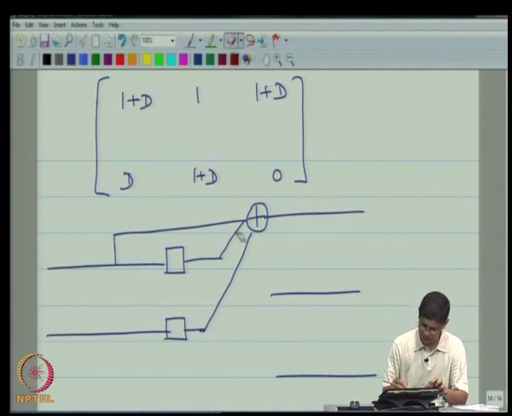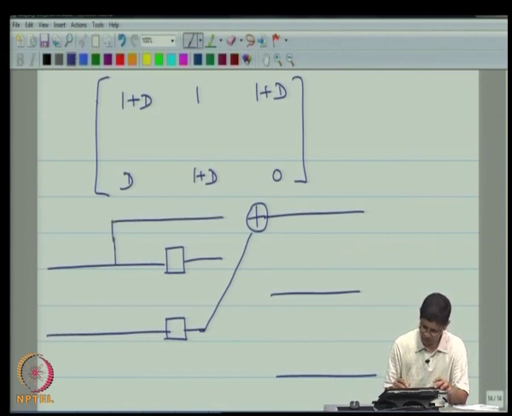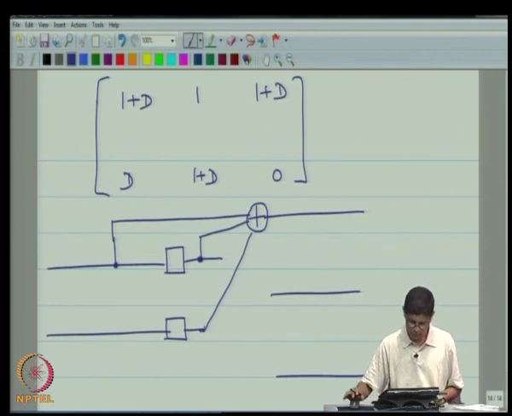So, this will be the output there. So, that is one output.